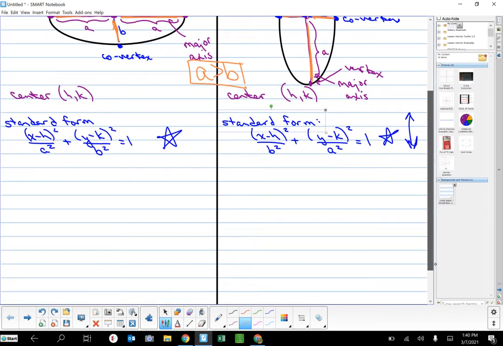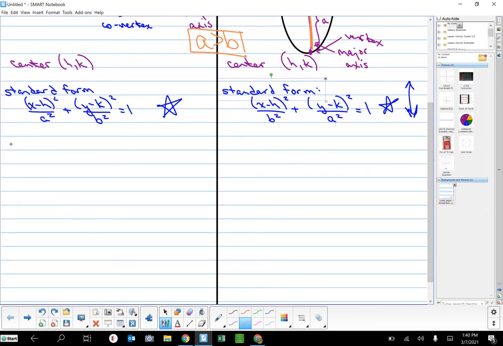Okay, so here are some formulas for your vertices. This guy's going to be (h plus or minus a, k). Vertices for this one are going to be (h, k plus or minus a). So here, the a is being added to your x value.